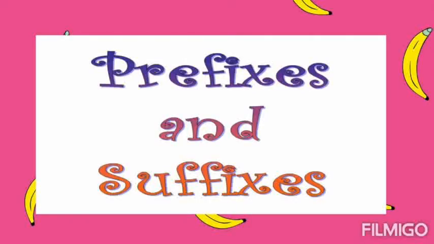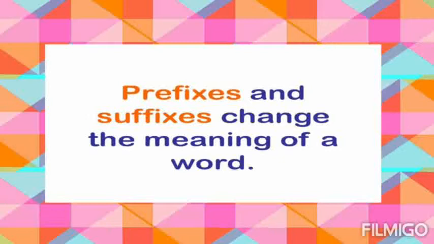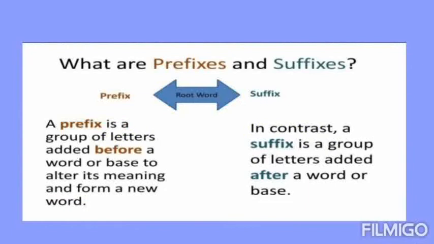Good job. Prefixes and suffixes change the meaning of a word. A prefix is a group of letters added before a word or base to alter its meaning and form a new word.